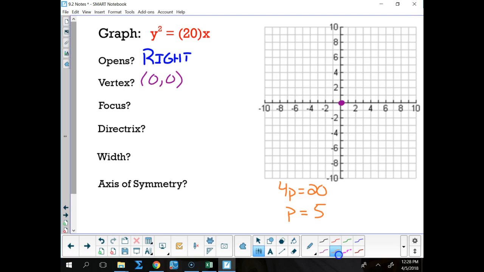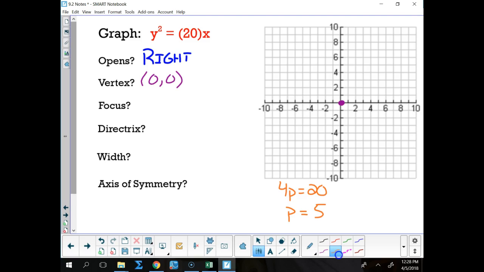That means, as Lexus told us earlier, that the distance from the vertex, which is our purple dot, to the focus is 5, because that's P. Which way is the focus? To the right, because it's opening to the right, and the focus is inside the parabola.